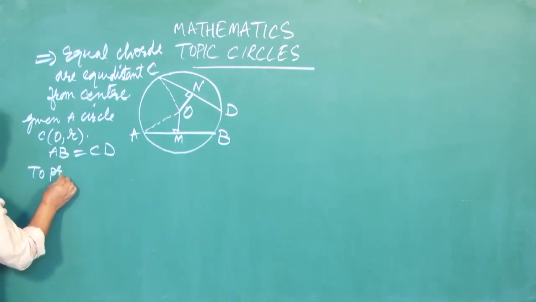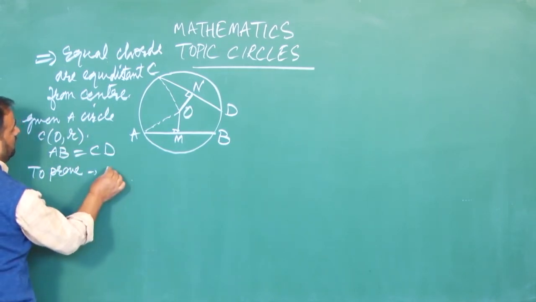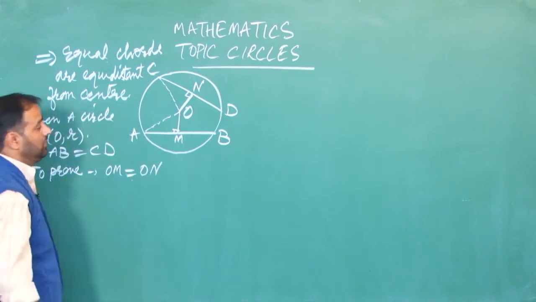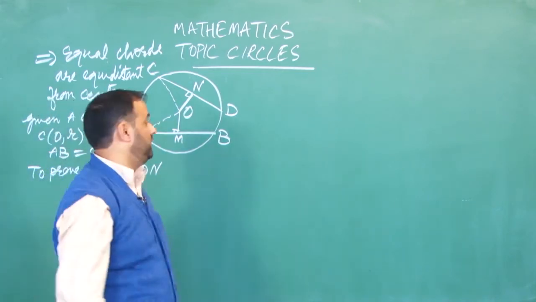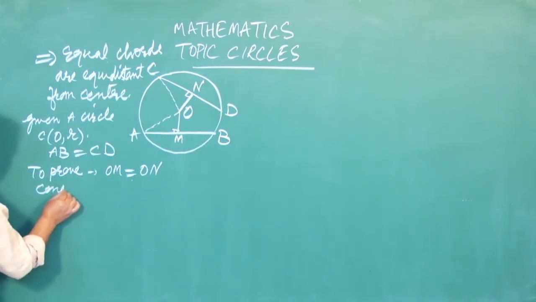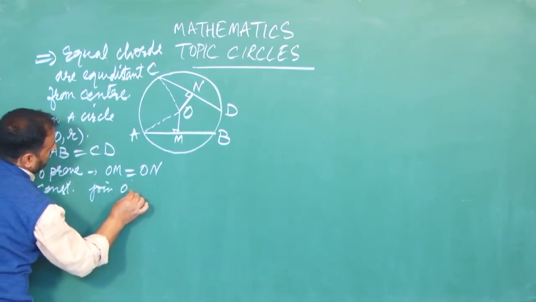So, it is understood that the two lines from the center should be perpendicular, and we need to prove that these perpendicular distances are equal. We need to prove OM is equal to ON. For that, we join OA and OC.